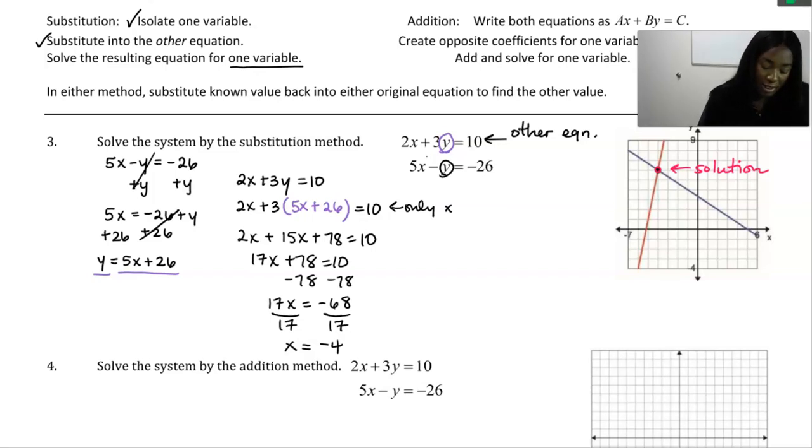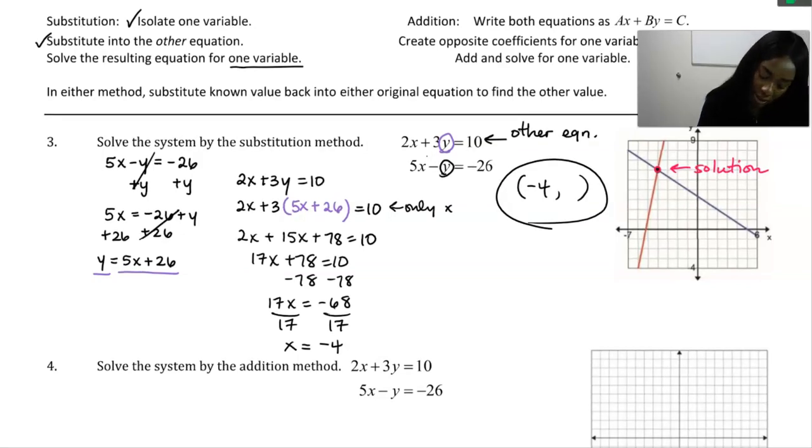Now that we know that x is -4, I still have to figure out what y is, because remember, the solution to this system is a point. It's an ordered pair, (x, y). And I can see that that is matching up with -4 right there. To get the coordinate for y, I'm going to take the value of x and substitute it back into what y is equal to.